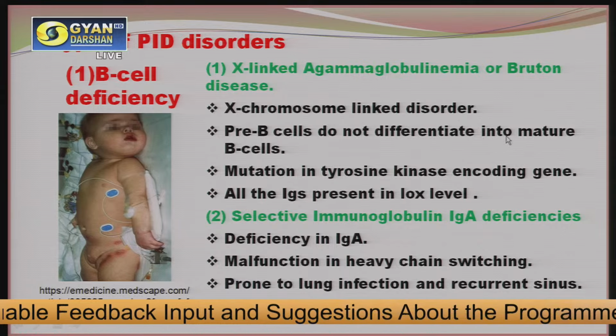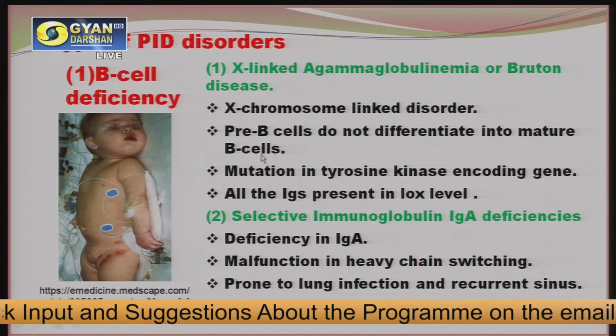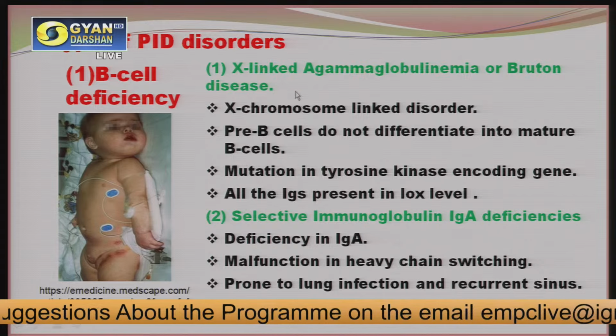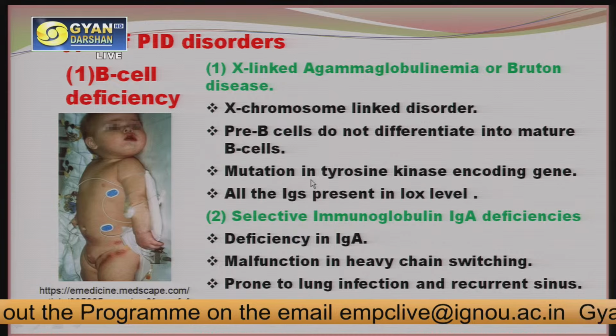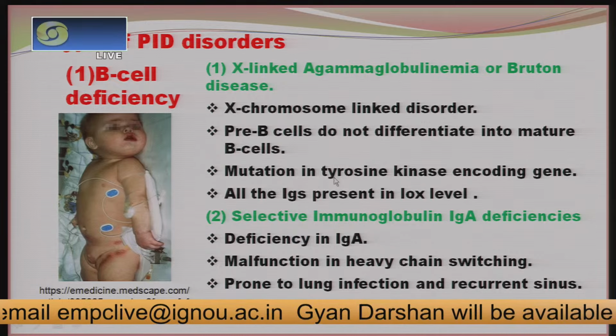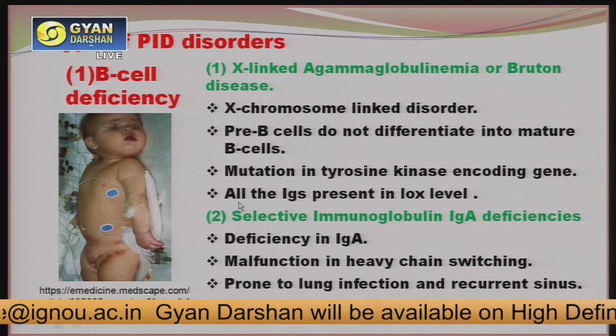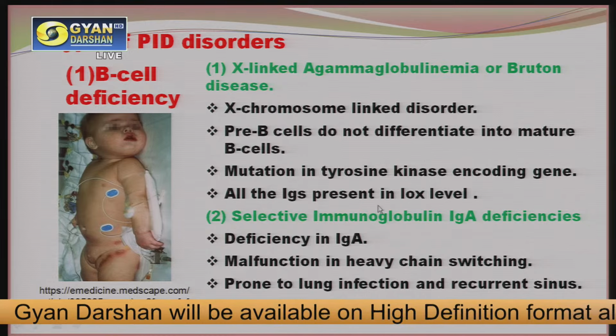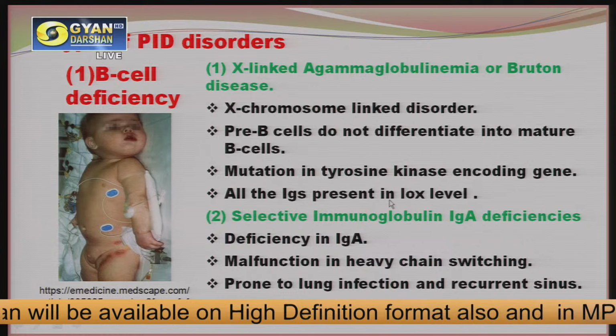Pre-B cells do not differentiate into mature B cells. In this disorder, the tyrosine kinase encoded gene involved in maturation is defective, and all the immunoglobulins are present at a low level.